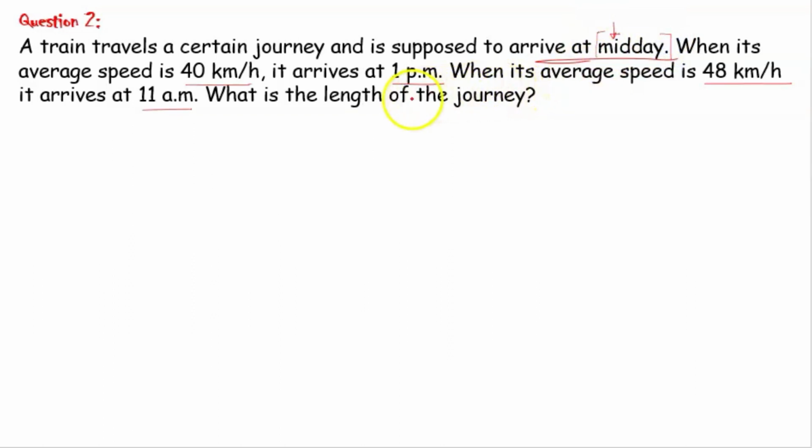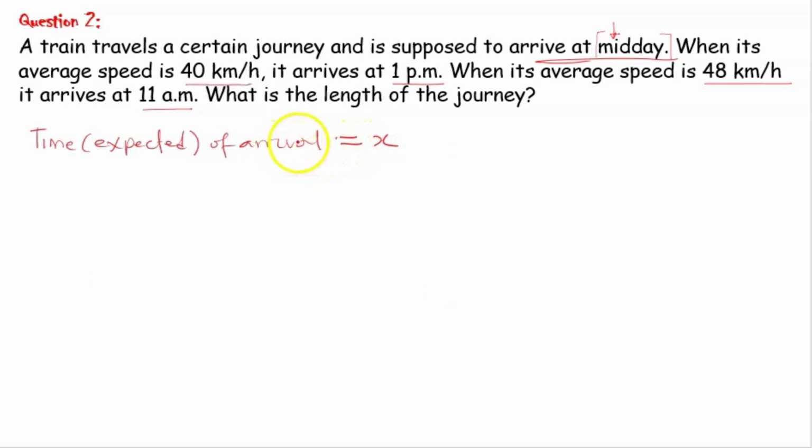So now the time of arrival is midday, which we actually don't know what that is. So I will say: let the expected time of arrival be equal to x.